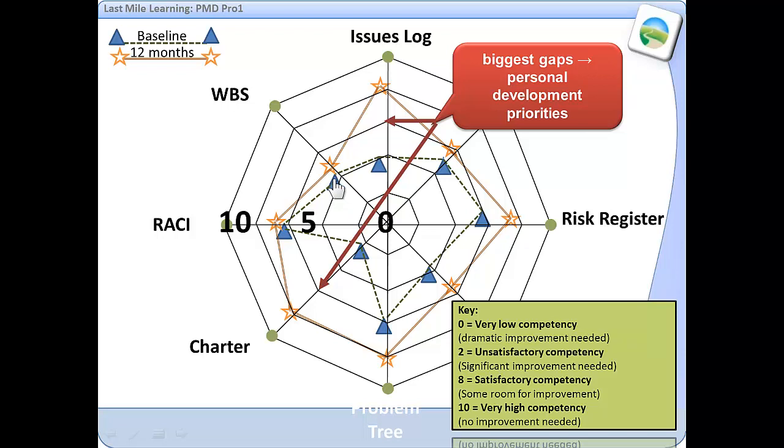It could be done by a project team, or it could be done by an organization like a partner, or even the project team itself. So the triangles then would be at the beginning where they say, okay, where are we now relative to our competencies and skills on these tools?